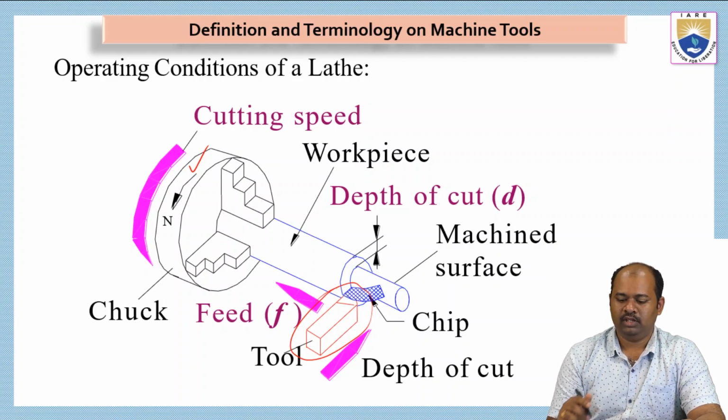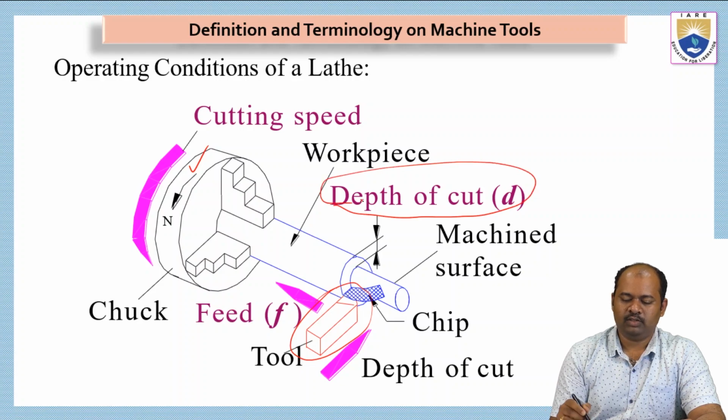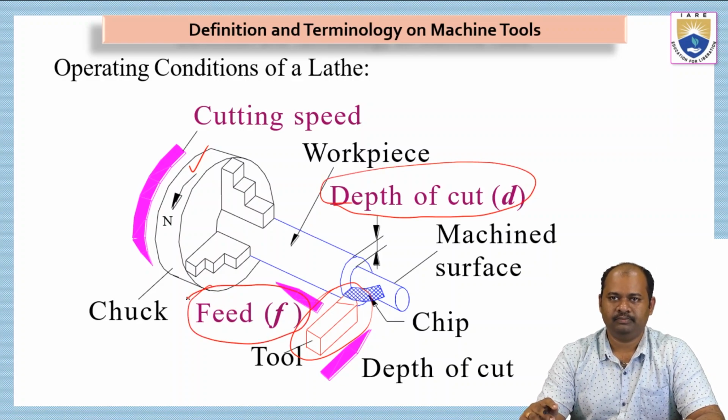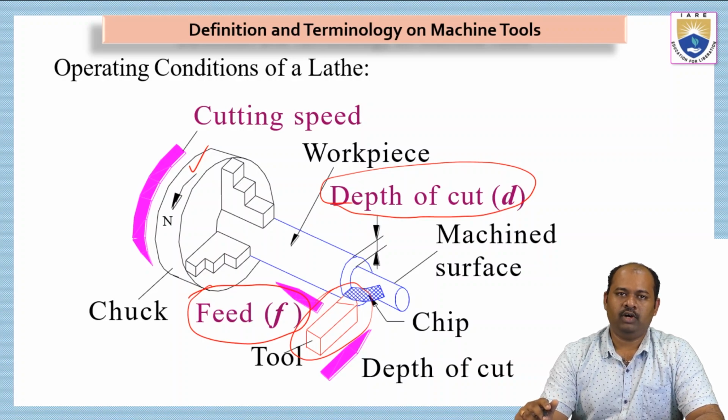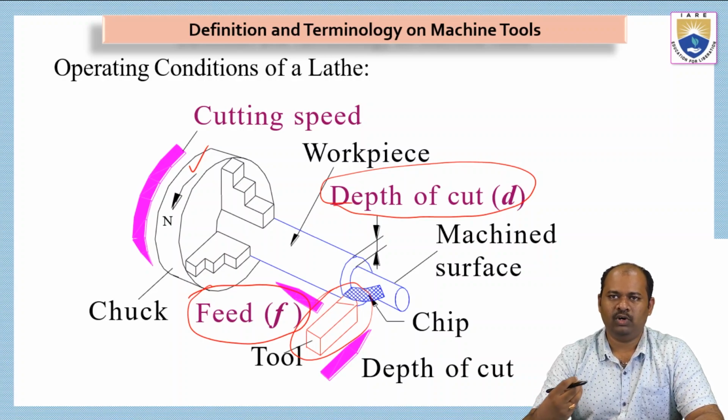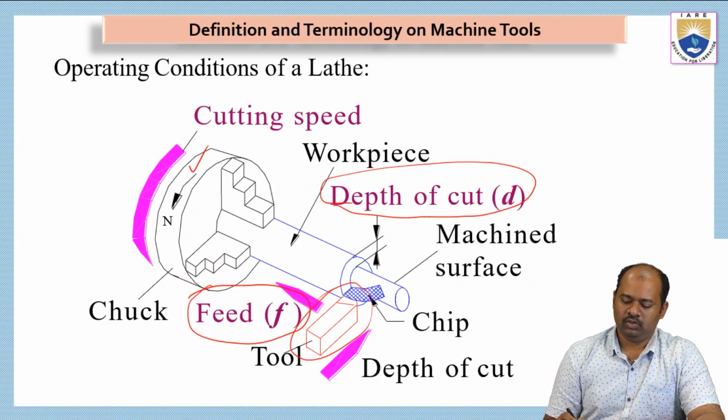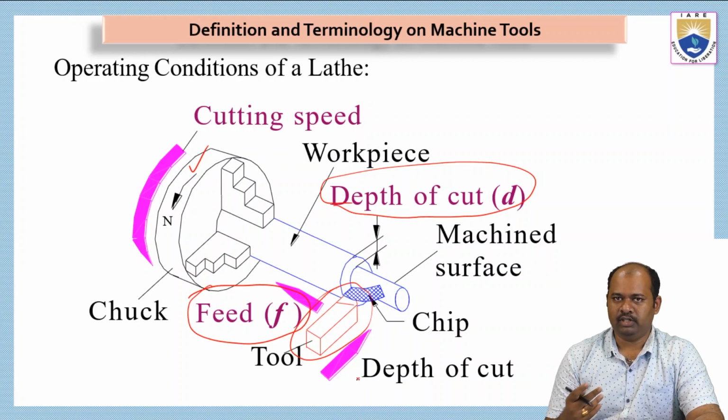They are depth, that is depth of cut, small d, and feed, which is represented with a small f. And then we can see the formation of chip. So the unwanted material which is removed from the workpiece is always called chip. Okay. So here we have depth of cut and feed. Two-dimensional accuracy is possible in the case of a lathe machine.